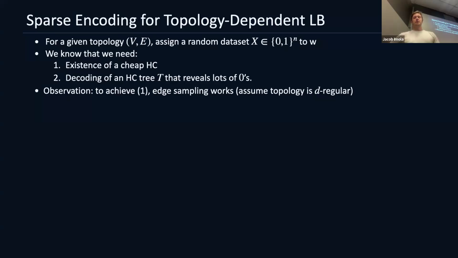We're going to assume that the topology is d-regular, or close to d-regular, like a bounded maximum degree. For now, let's assume it's d-regular. You can generalize it a little bit, but we do need to assume that. And we're going to use a sparse encoding of a data set.